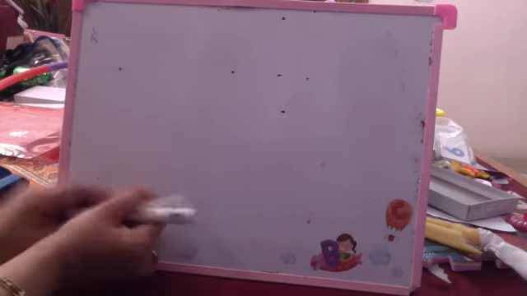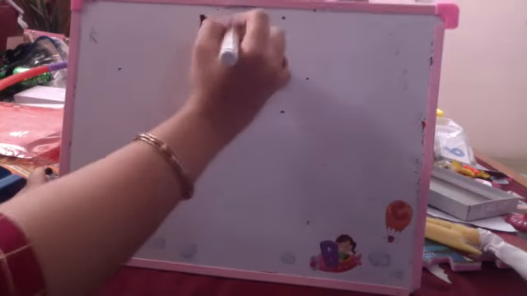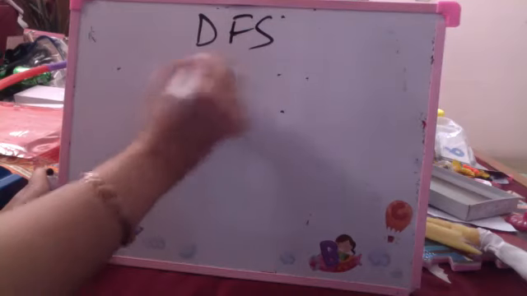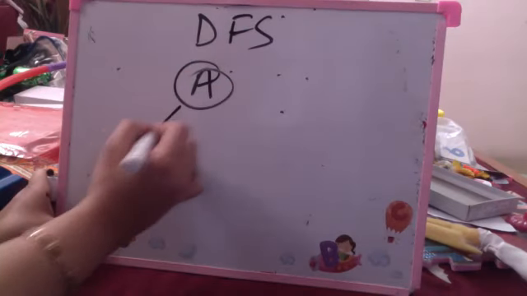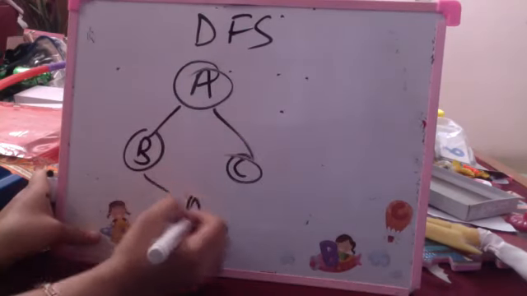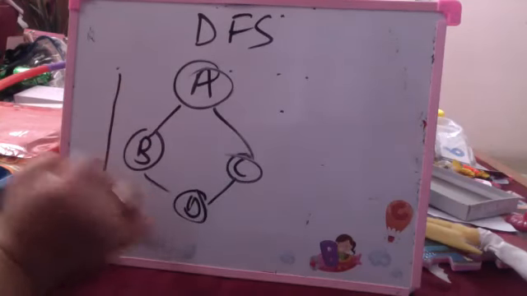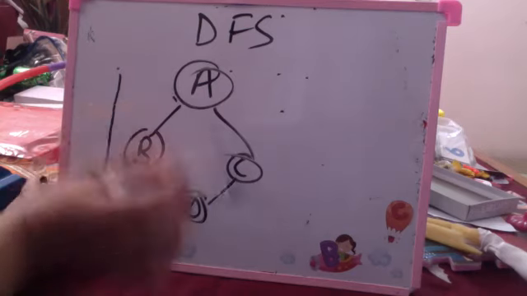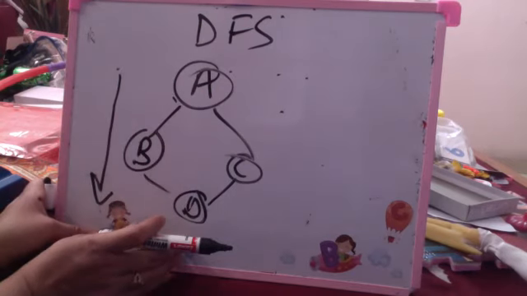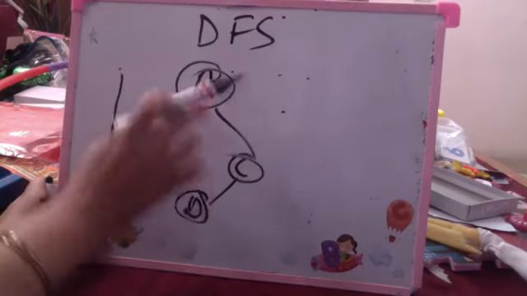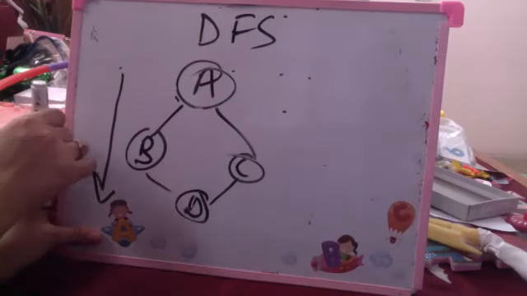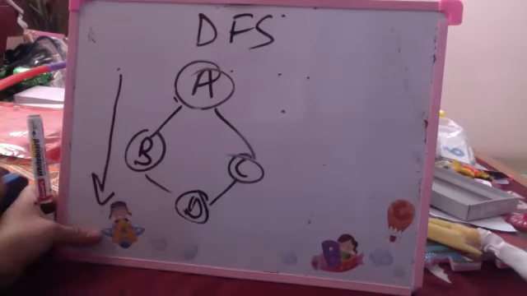And similar thing is happening in depth first search algorithm. If I represent my graph in the form of a tree, I first go to the depth, I visit the depth wise and then I go on. Instead of breadth first search, I do depth first search. That is the only difference. We'll just see how the traversal goes.